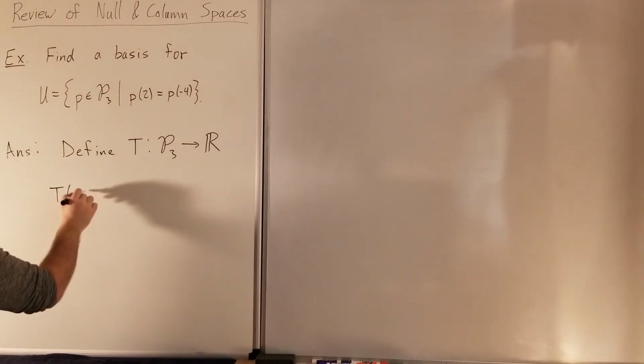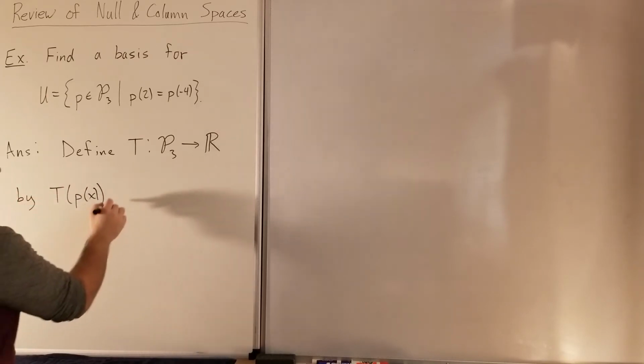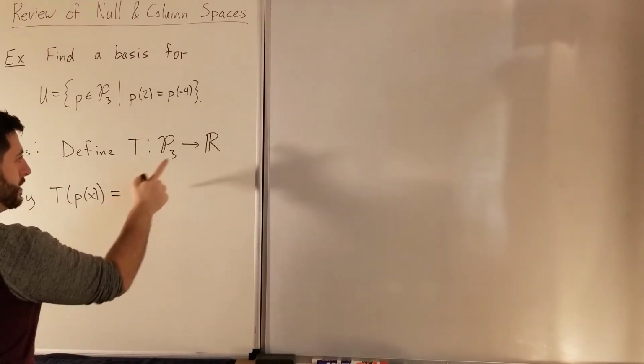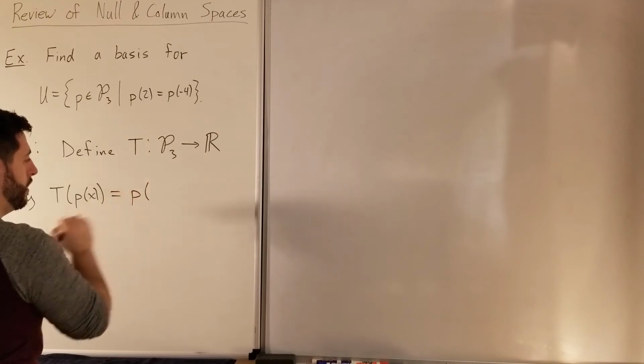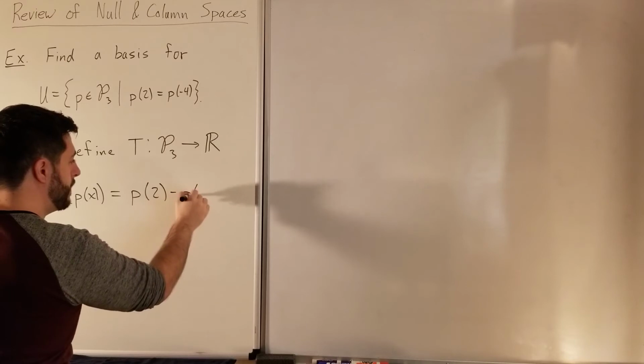I'm going to take a polynomial P of x, and send it to the real number P of 2 minus P of -4.